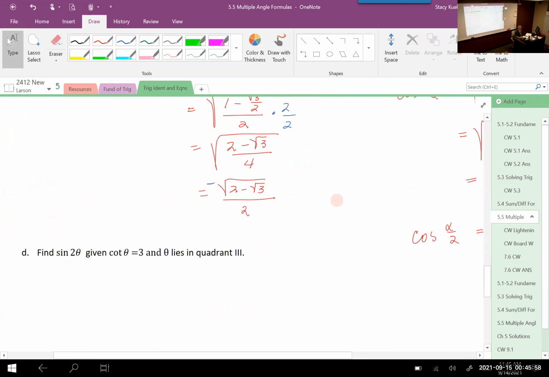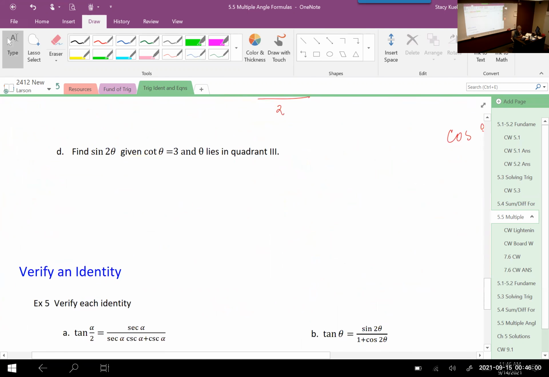Especially using that concept there. I want to find sine 2 theta, and I'm told that cotangent theta is equal to 3, and theta lies in the third quadrant.